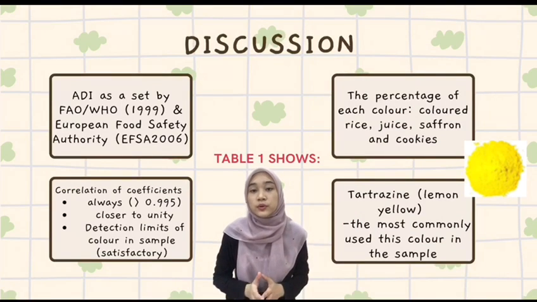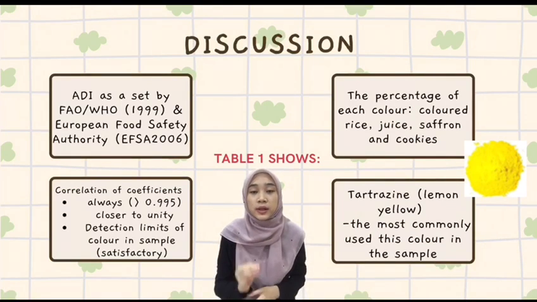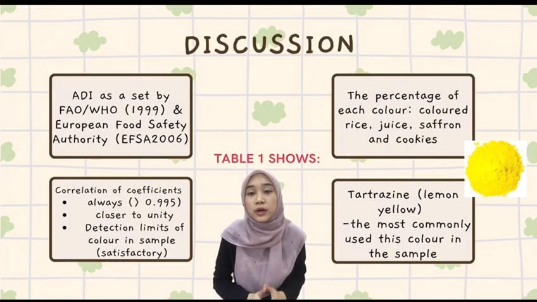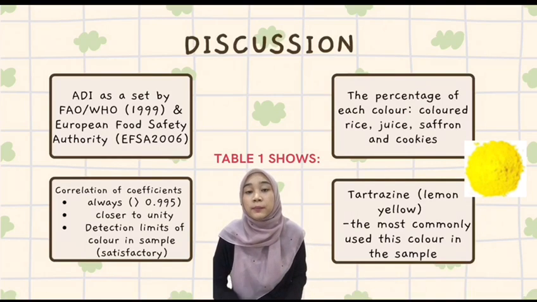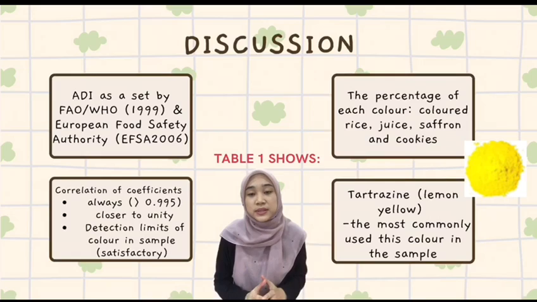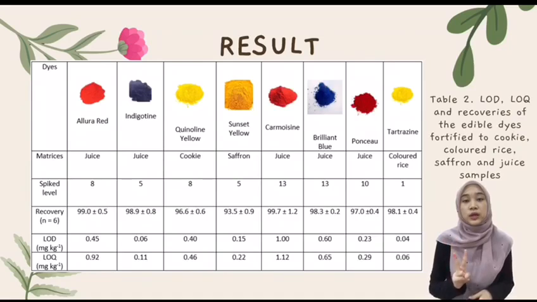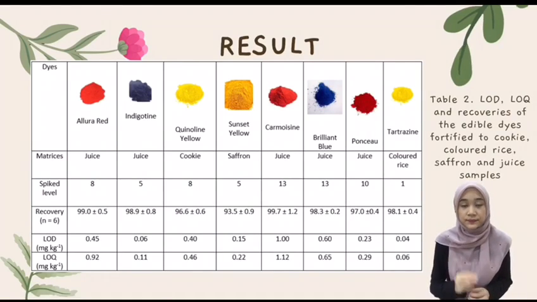Besides, Table 1 also shows that the correlation coefficient is always more than 0.995 and close to unity, showing a good relationship between peak areas and concentration. Detection limits of colors in the samples were also found to be satisfactory. Next, Table 2 shows the LOD, LOQ, and recoveries of each dye.